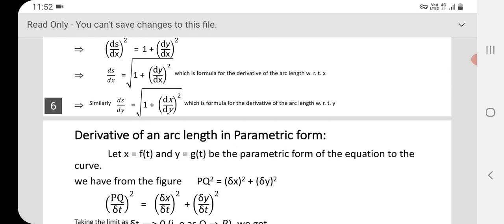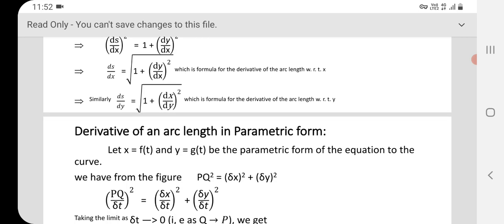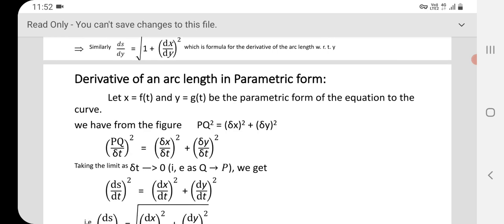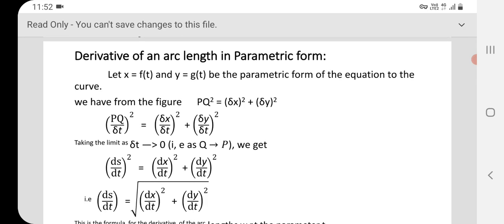Next, we'll go to derivative of an arc length in parametric form. Now look at the two curves. Let x equals f of t and y equals g of t be the parametric form of the equation to the curve. We have from the figure PQ square equals delta x whole square plus delta y whole square, throughout divided by delta t.